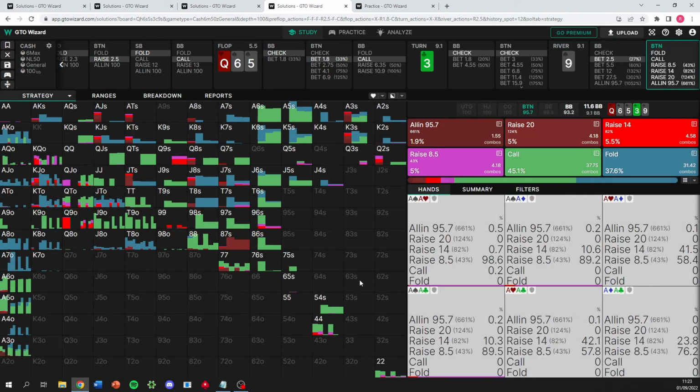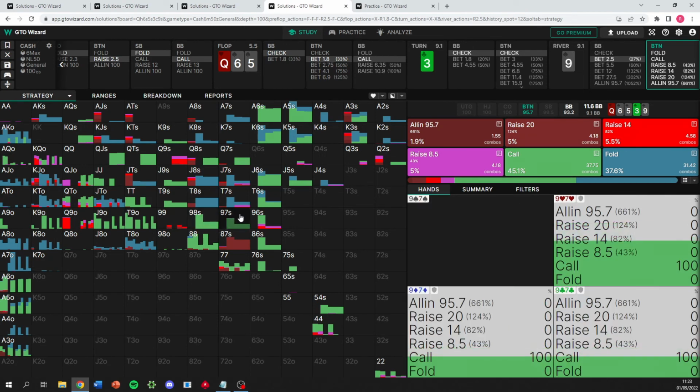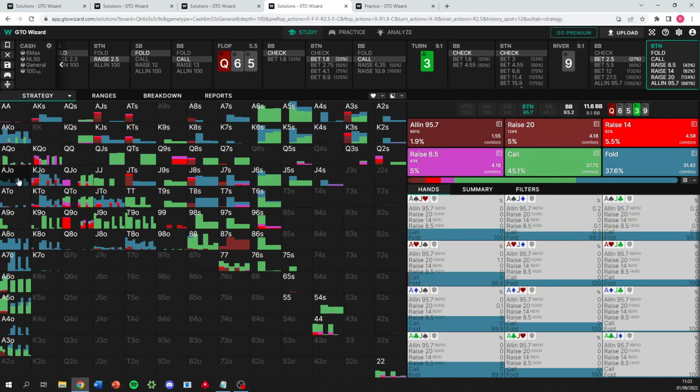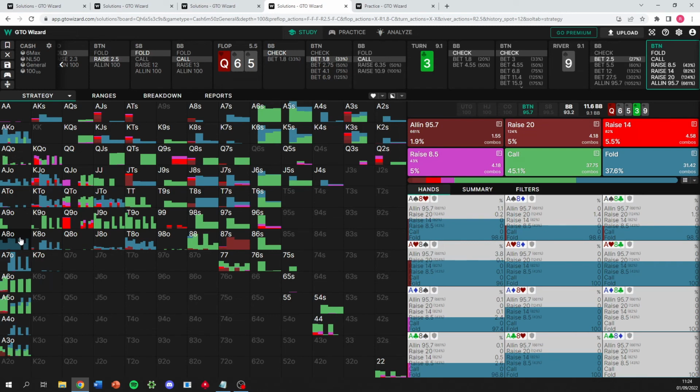it's quite easy for in position to turn a hand like 10-9 with a spade into a bluff, to turn a hand like 9-7, saying we block the straight, into a bluff. It's maybe easy to bluff raise a hand like ace jack, having the spade blocker. It's maybe easy to bluff raise a hand like A7 with a spade, bluffing the straight and the flush, which you can see it's always doing sometimes, but not too often, right?